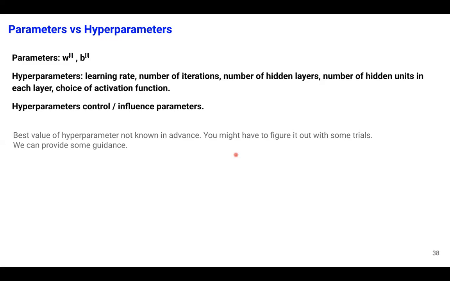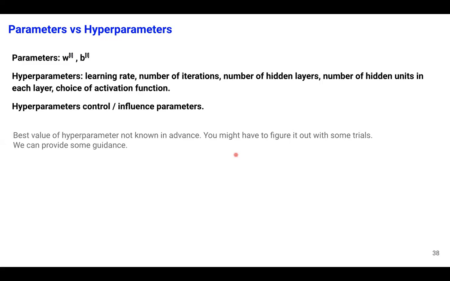These are your hyperparameters, and this will control or influence your parameters. And the best value of a hyperparameter in general will not be known to you in advance, and you might have to figure it out with some trial and error, and of course some guidance can be provided about it.